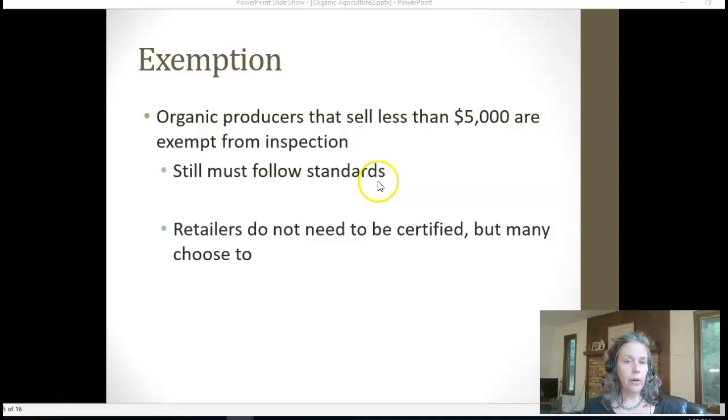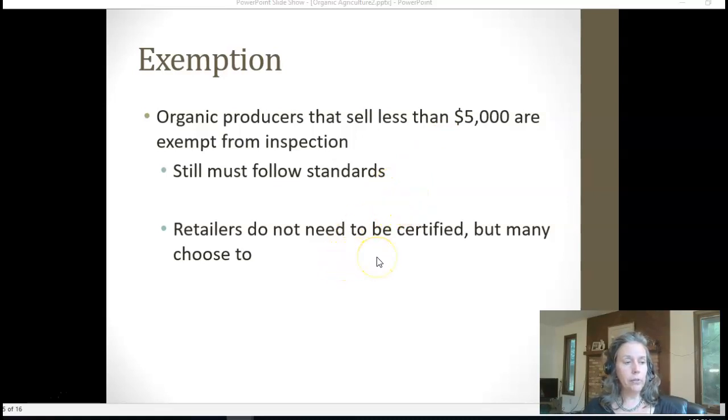If you misrepresent yourself as organic when you're not actually following the standards, there is an $11,000 fine. So the organic program does have strict standards, and it also has teeth for enforcement.